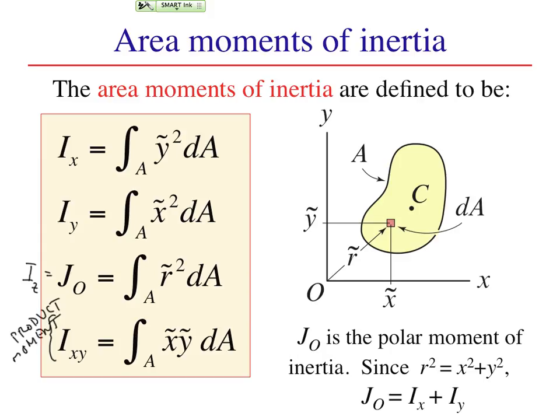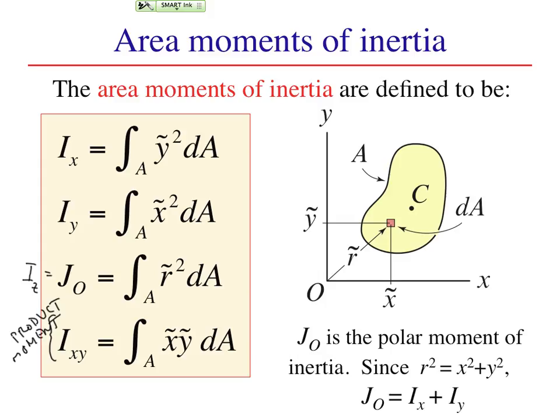The fact that we have 3 different area moments of inertia as well as a product moment of inertia is an indication that an area moment of inertia is an unusual entity. We have previously encountered scalars and vectors, but an area moment of inertia is actually neither of these. We'll come back to the nature of moments of inertia when we discuss mass moments of inertia in section 10.3.